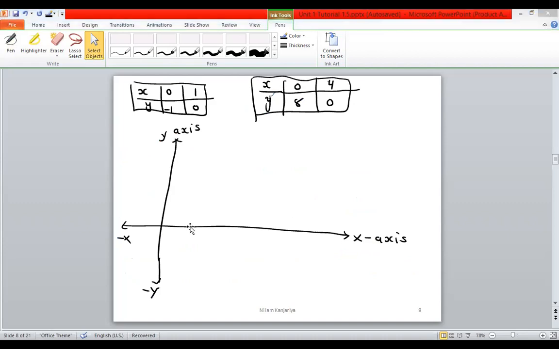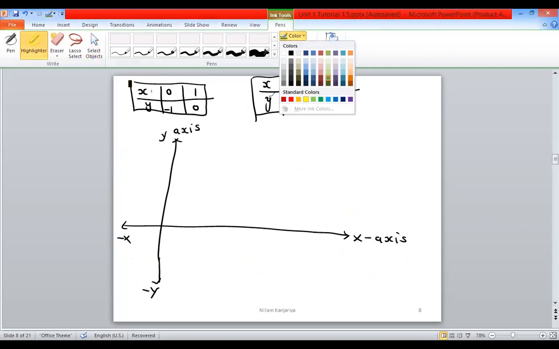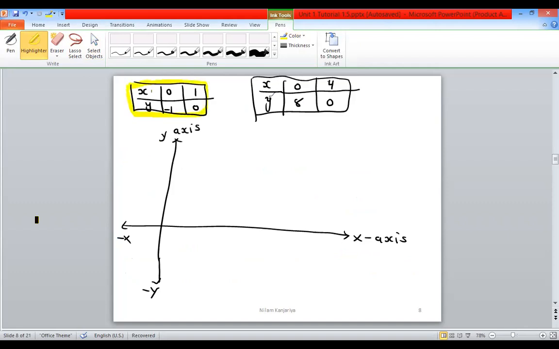Using the first table, you can draw the graph. First of all, you arrange the numbers. This is your 0. The highest value of x is 4, so I can choose 1 unit distance.